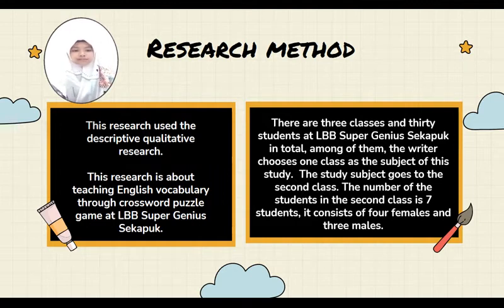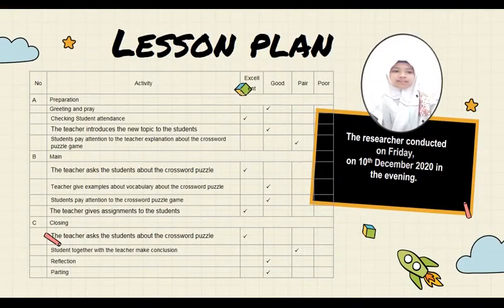The study subject is the second class. The number of students in the second class is 7 students. It consists of 4 females and 3 males. The research was conducted on Friday, 10 December 2020 in the evening.